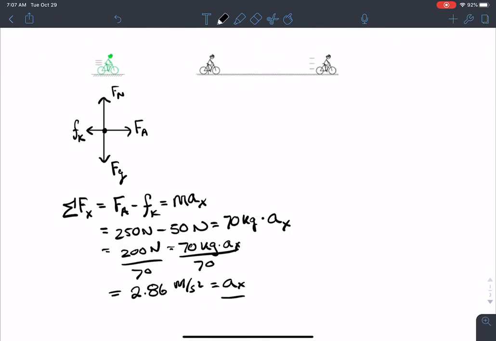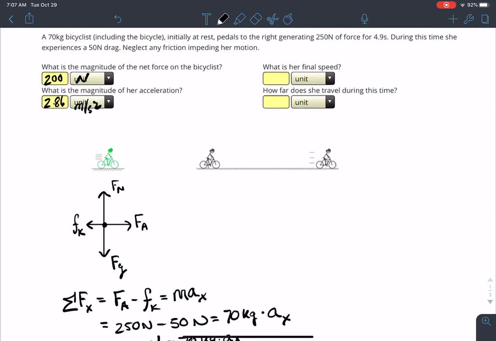Now that we know how fast she's changing her velocity in the x direction, we can come over to this part here. We're told that we need to figure out her final speed and then how far she travels during this time. So we know here v naught is equal to 0, and then she's got some final speed equal to question mark. We know this all happens over a time interval delta t equal to 4.9 seconds.